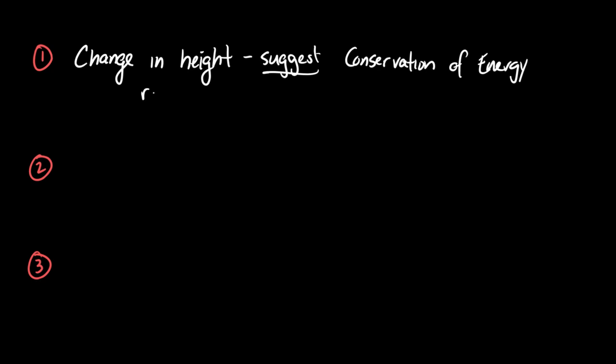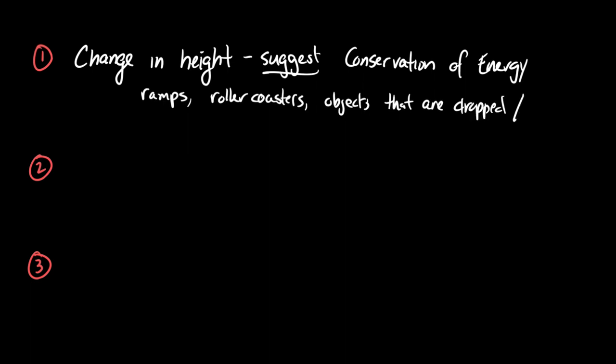And these will be things like ramps, roller coasters, objects that are dropped, or thrown. But generally we have mg(h minus h naught) equals 1/2 mv squared for these kinds of conditions.